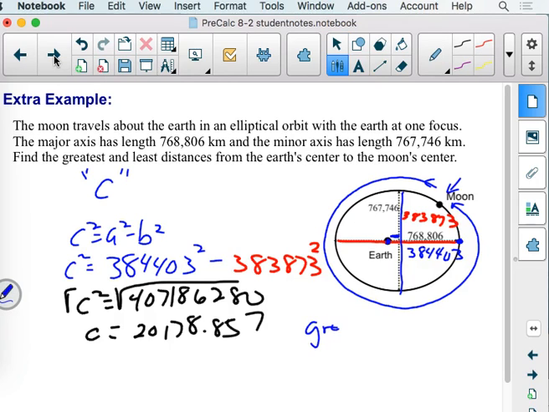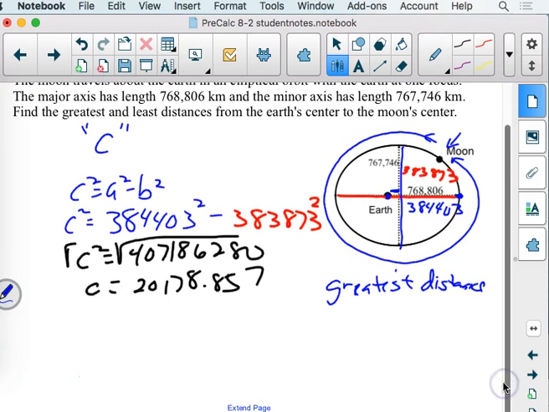So greatest distance. Oh wow, that's greatest. That's better spelling. Distance. Oh, smart person, I keep it up. Looks like this. So we have 3,844,003 plus 20,178.857.